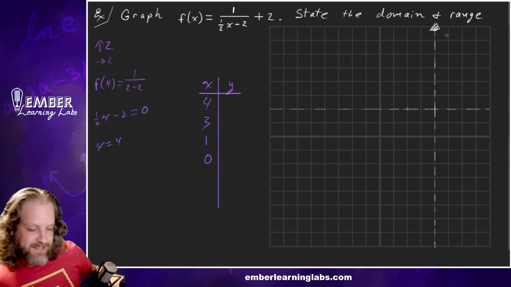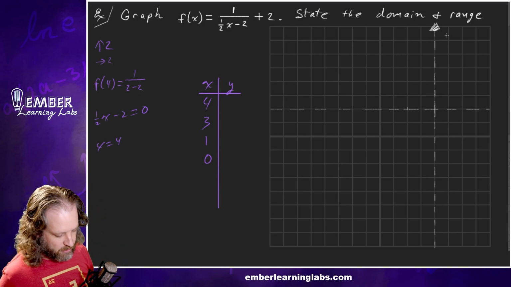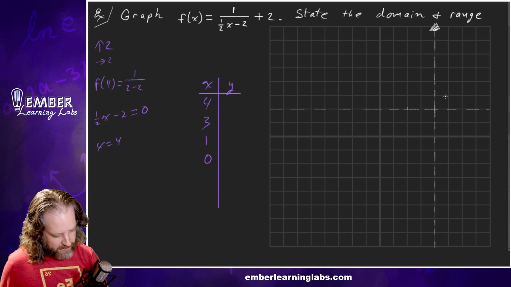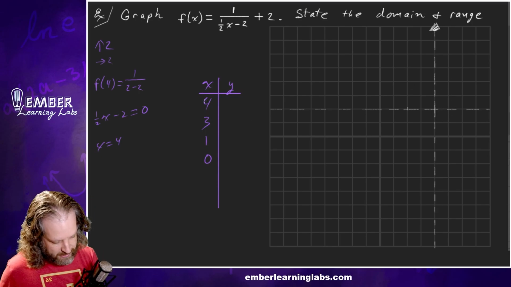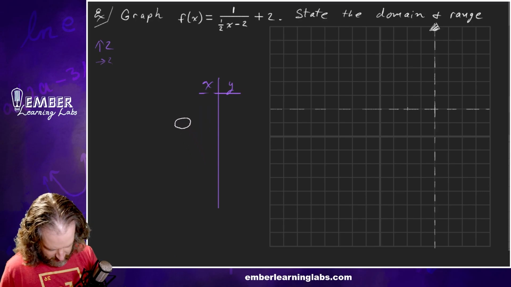This is kind of a setup for the next lesson, actually, a little bit. So anyway, all that to say, the vertical asymptote is there, which means we really need to do slightly different numbers here. So let's pick some different numbers.